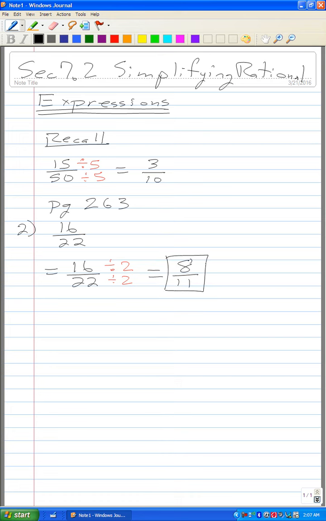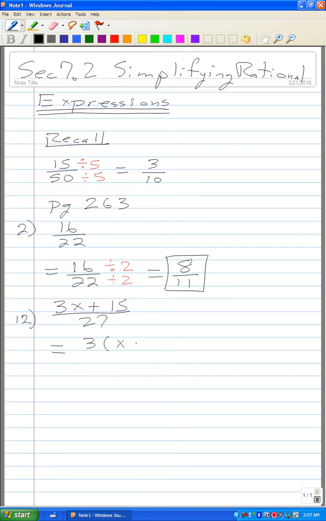Well, if this also involves variables, we can do the exact same thing. So suppose I have 3x plus 15 over 27. Let me first factor the numerator. So I can factor, there's a 3 in common.